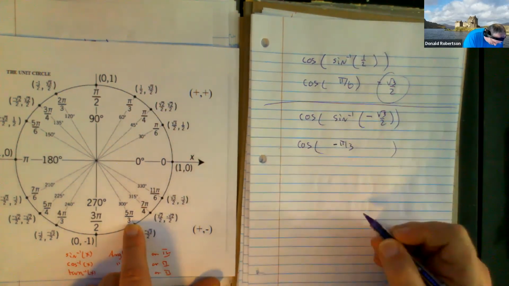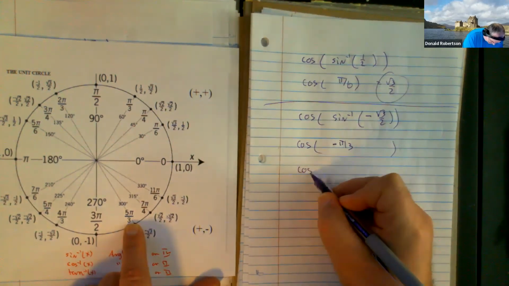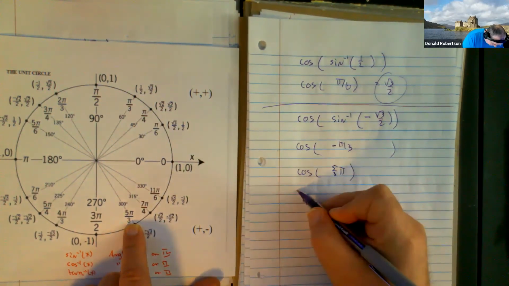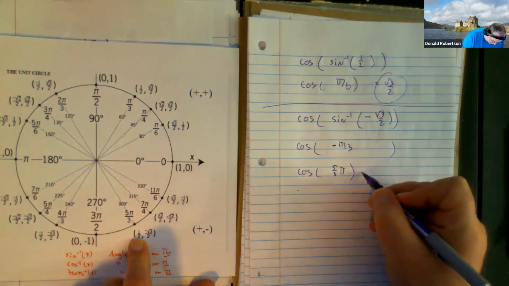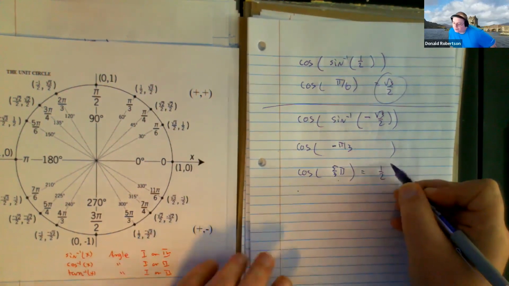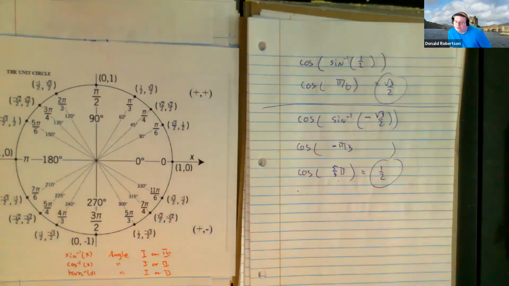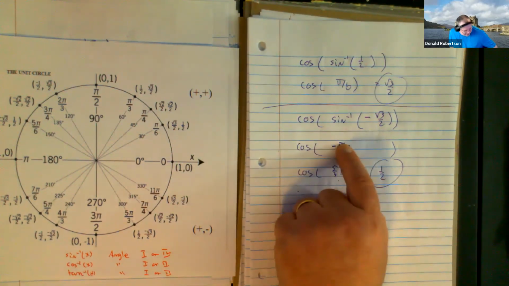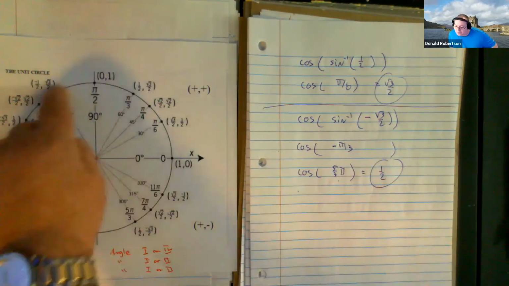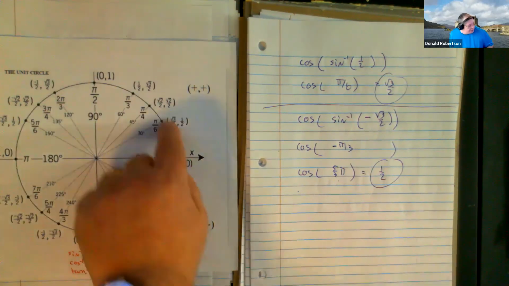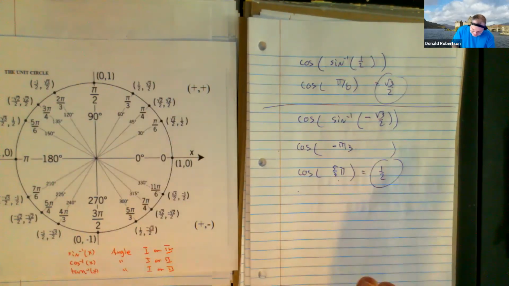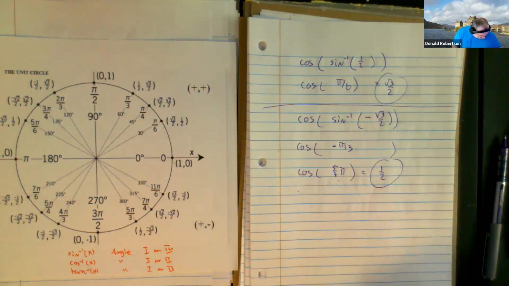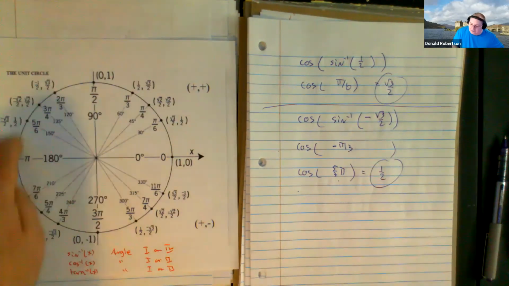Of course, the cosine of negative pi upon 3 is 1/2, so that's not a big deal. You comfortable with how we got that? So you find this answer, and then you find the cosine of that answer, and everything is going to come from your unit circle. And typically, isn't it going to be one of these numbers along the outside?